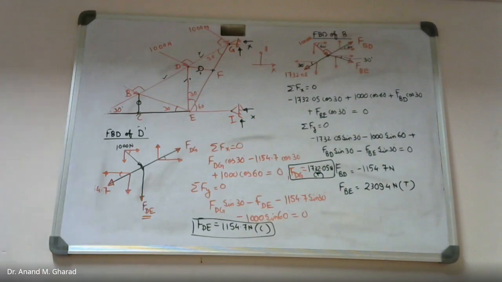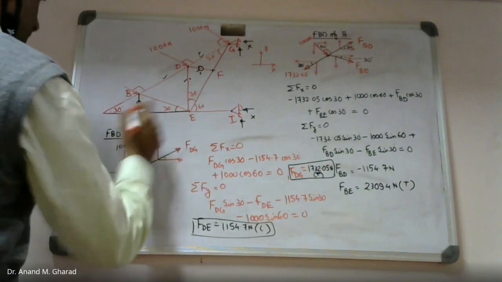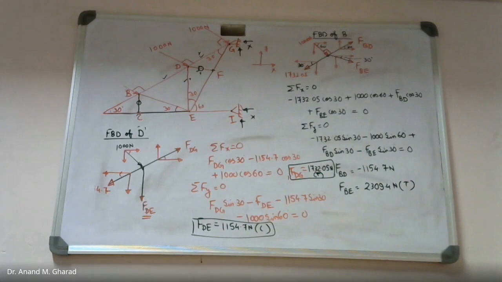One more thing is this truss determinant. Can you identify what was the equation to find out whether it is rigid or not, or whether it is determinate or not? What was the equation?